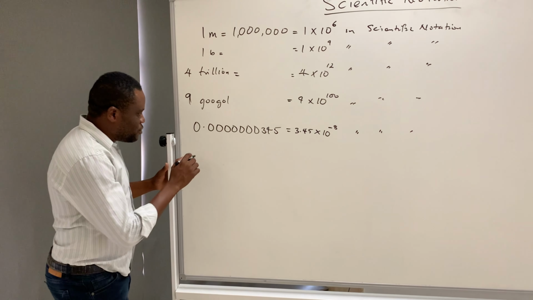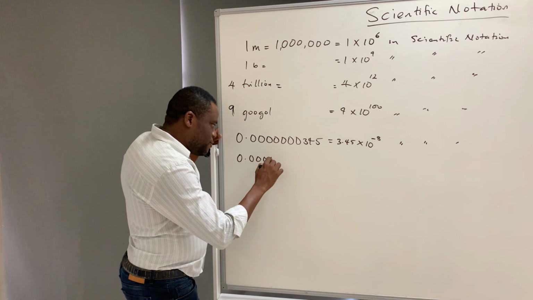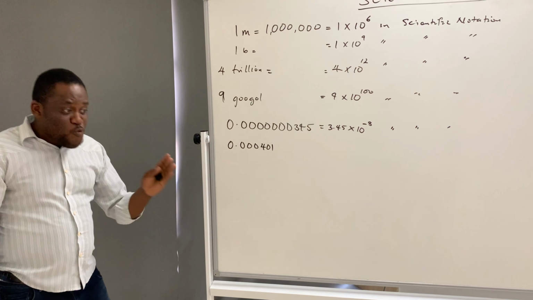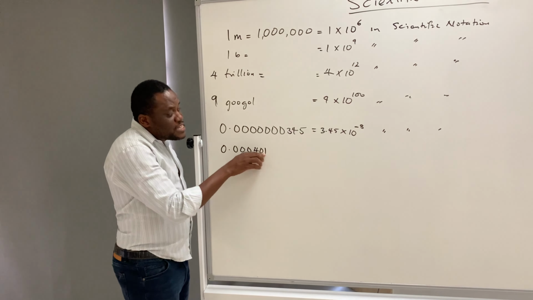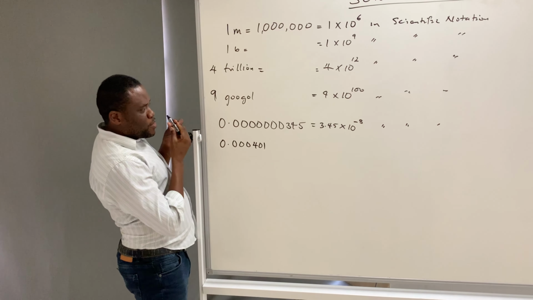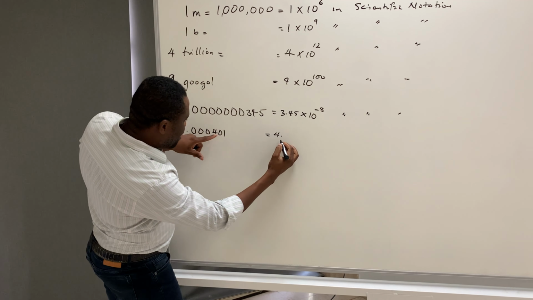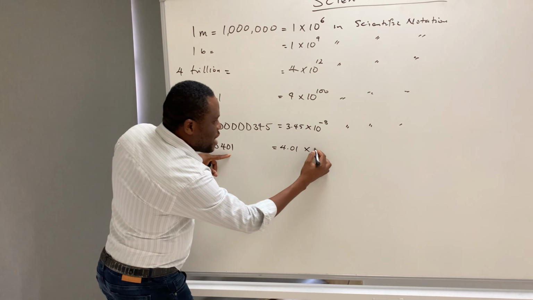Let's also have another example. Let's say we have 0.000401. Be careful. Once the number starts, even if there is a 0 after, it's not your business. So this is 4.01 times 10.